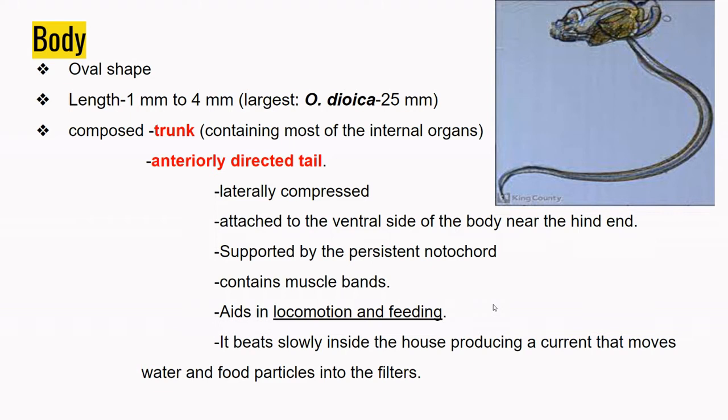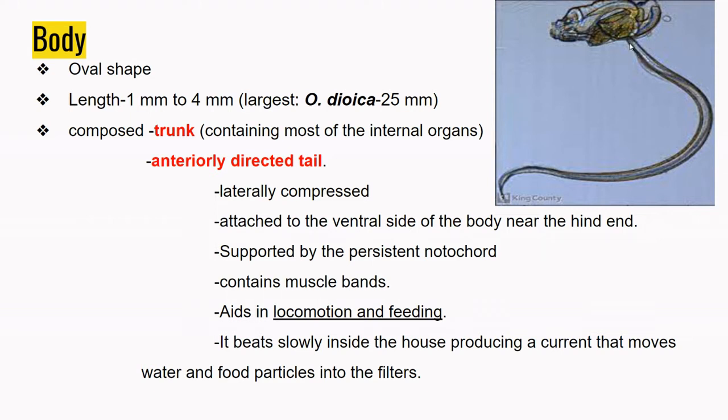Now, when we come to the organism, the shape of the organism is almost an oval structure, and the length may vary from 1 millimeter to 4 millimeter, except for the largest, Oikopleura dioica, which is 25 millimeter.